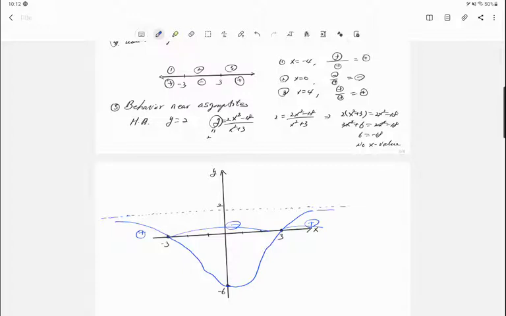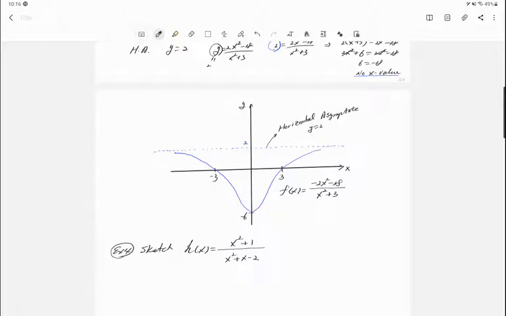The graph never crosses the horizontal asymptote, because there's no x value that makes the function equal 2. So it has to be something like this, and then draw it smooth. The graph is symmetric across the y-axis, so we must have the same graph on the left side of the y-axis. Let me draw this clearly. Okay, the graph looks like this.